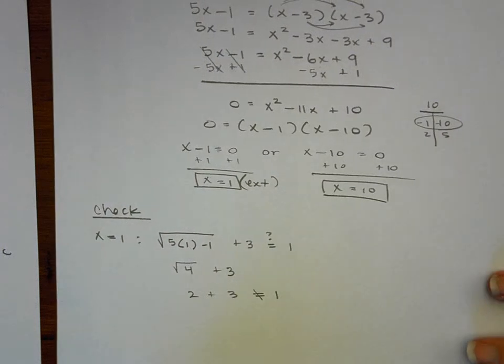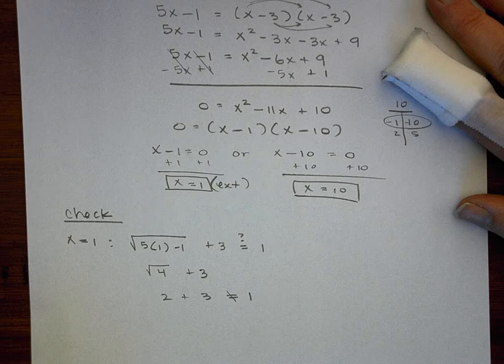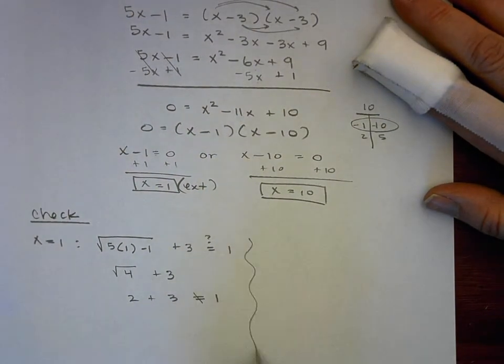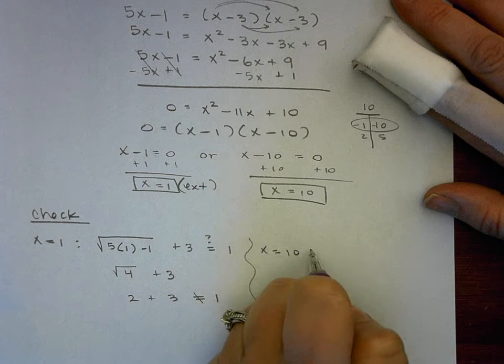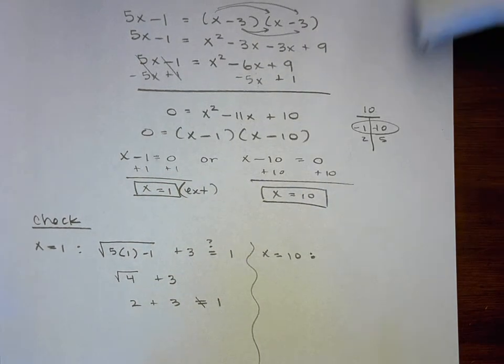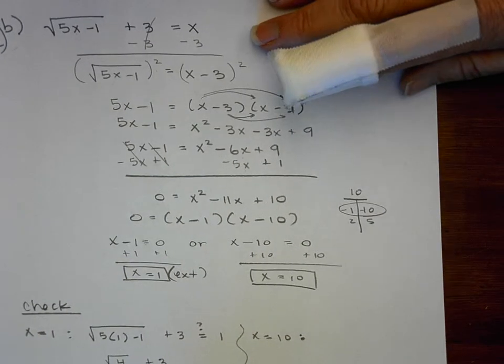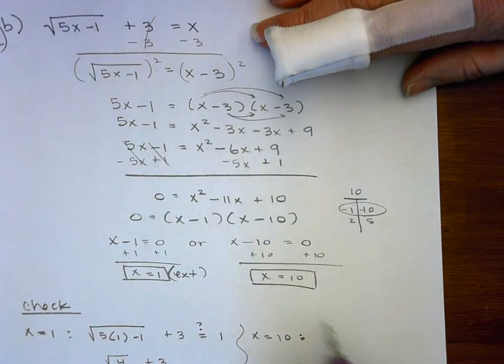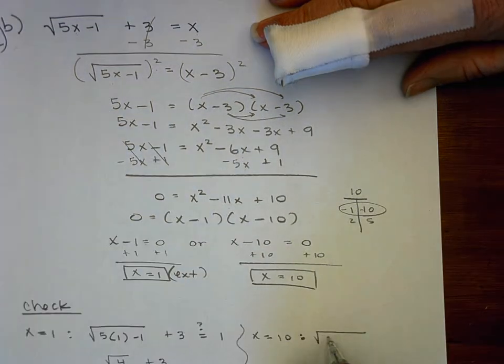So I'm going to check with 10. So 10 should work, but I'm going to check it anyways, just in case I messed up on the 1. So I'm going to go back again to the original problem, so slide down. And so wherever I see an x, I'm going to replace it with a 10. So this would be the square root of 5, and then 10 minus 1 plus 3.